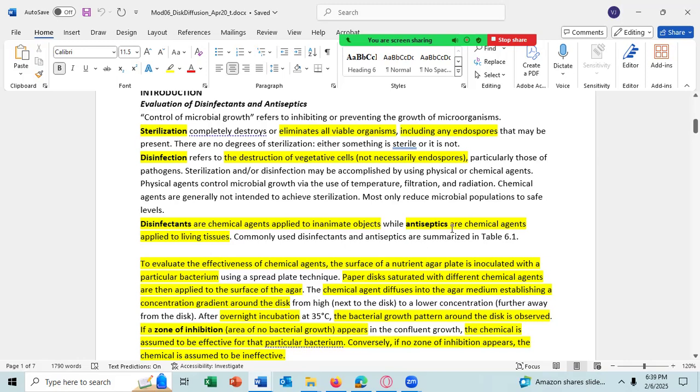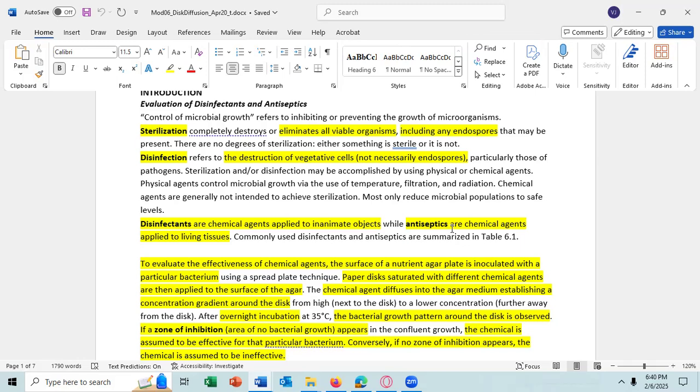Usually, antiseptics are less caustic, less toxic, less harmful than a disinfectant. Many antiseptics, if not all of them, are also not as strong at killing as a disinfectant. Any question about any of that?